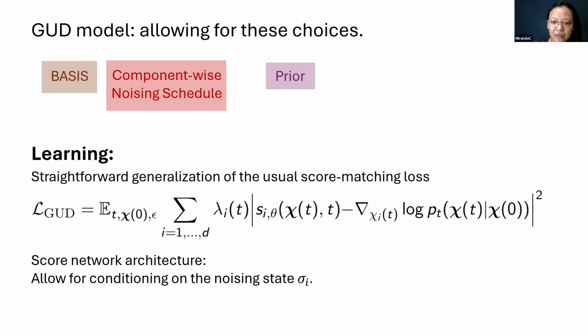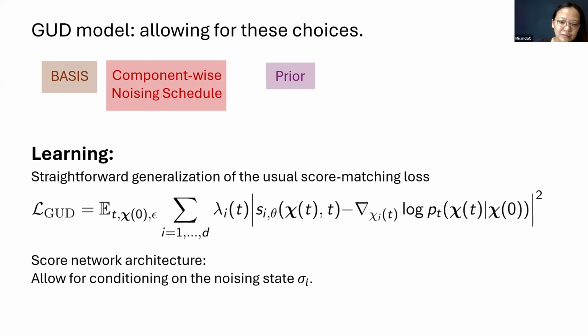So fortunately, the usual score matching loss function can be straightforwardly generalized to this case when you have different speeds of noising for different degrees of freedom, because it just factorizes into a sum. So you could choose a weighting factor for each different degree of freedom if you want.